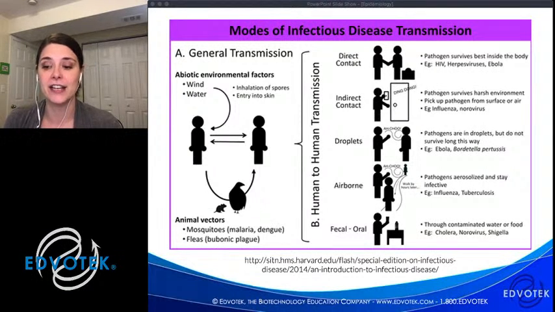So pathogens can enter the body through abiotic or physical means. This could be the wind spreading fungal spores, or entry of parasites into the bloodstream through cuts in the skin. Animals are also common vectors for disease. A vector is an agent that carries and transmits an infectious agent, a pathogen, between human organisms.